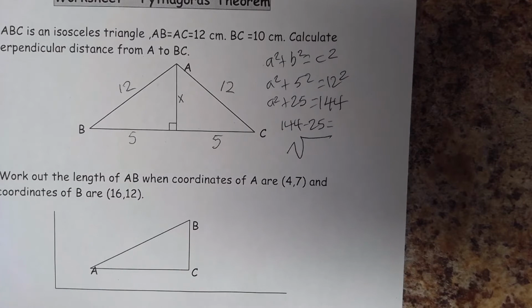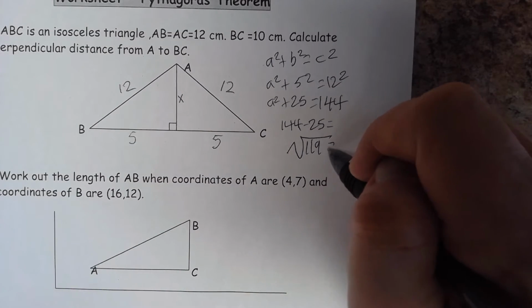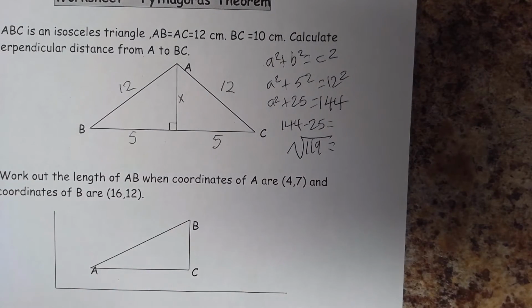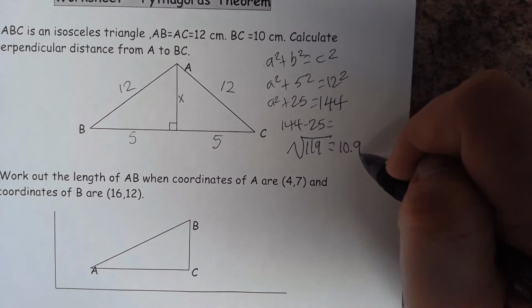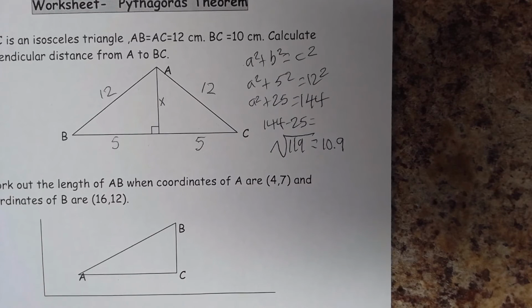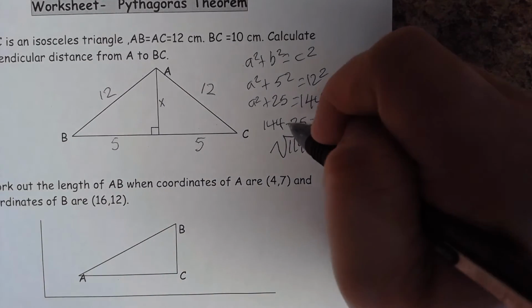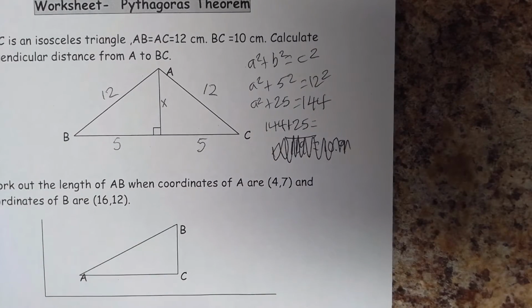144 minus 25 is 119. Whoops, I was supposed to add. My mistake. Cross this out.